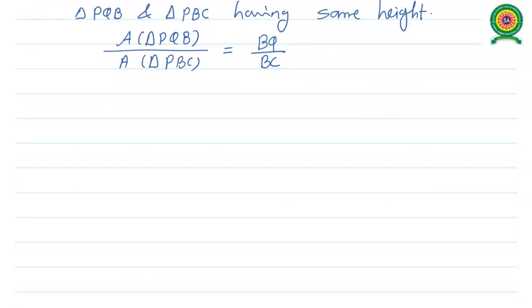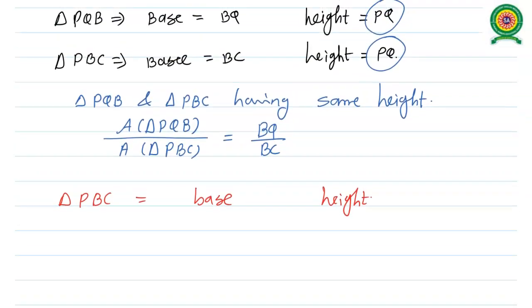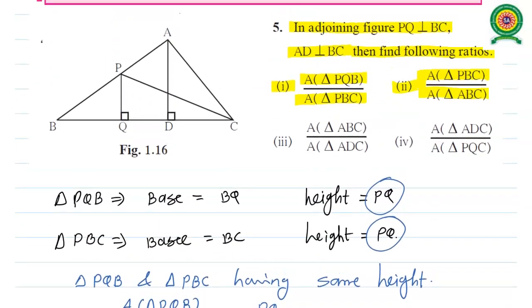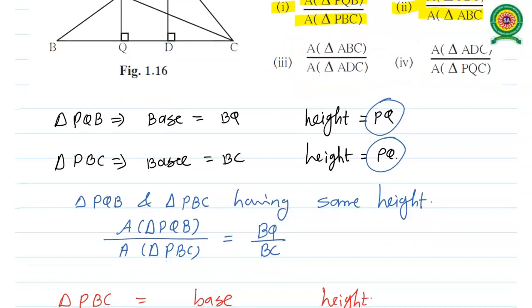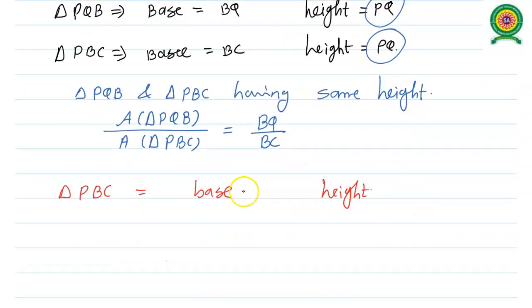For the first triangle, in the numerator, that is triangle PBC, we are writing now the base and height of the triangle PBC. Look at the triangle PBC. PQ is the perpendicular drawn on BC, so we are having BC as the base and PQ itself as the height of the triangle.